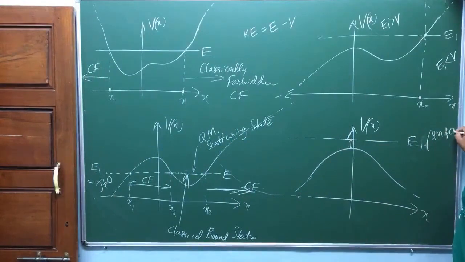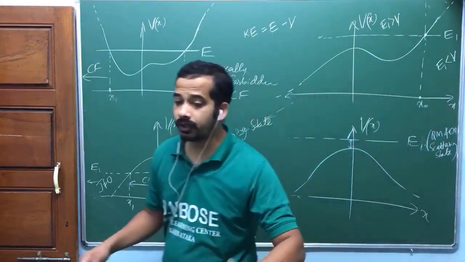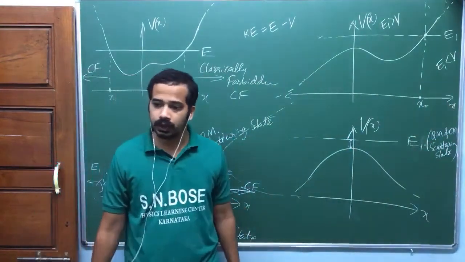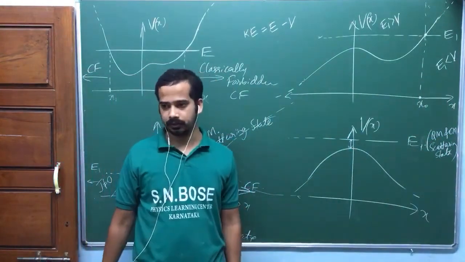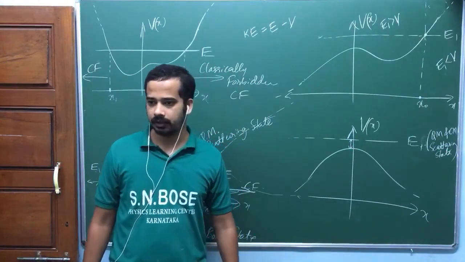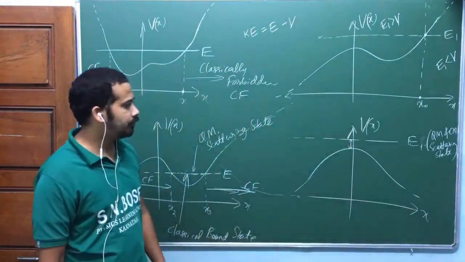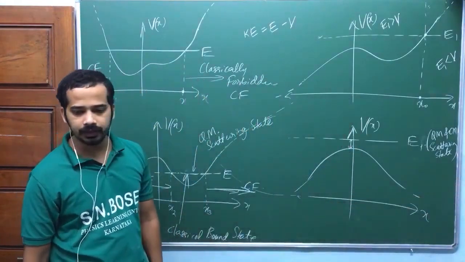QM and classical mechanics, scattering state. But you should know the difference. Both will not give the same result. Quantum mechanically there will be some reflection coefficient. If you shoot the particle from either side, some particles may reflect, but classically no particle will reflect.